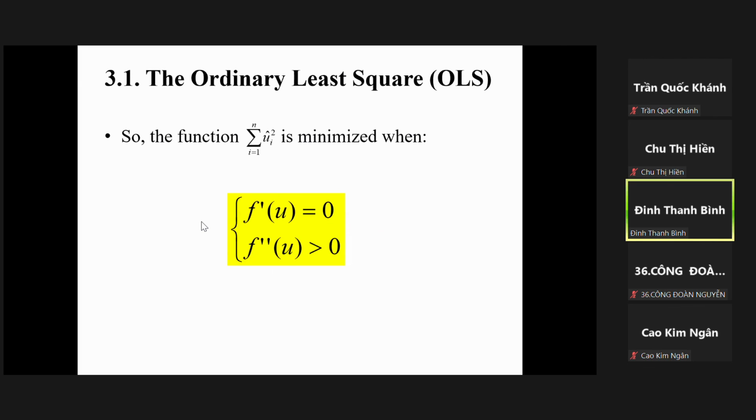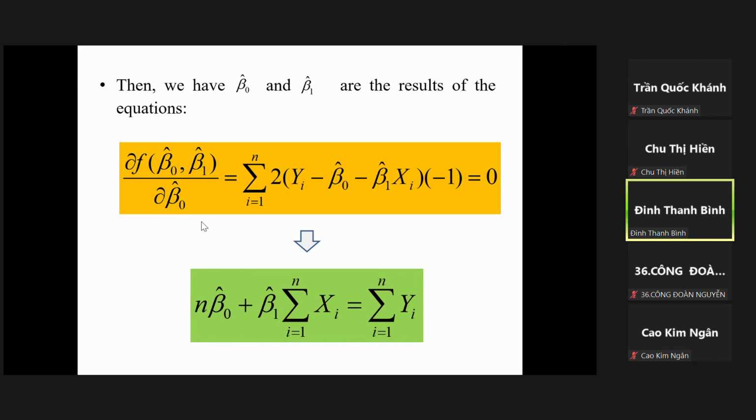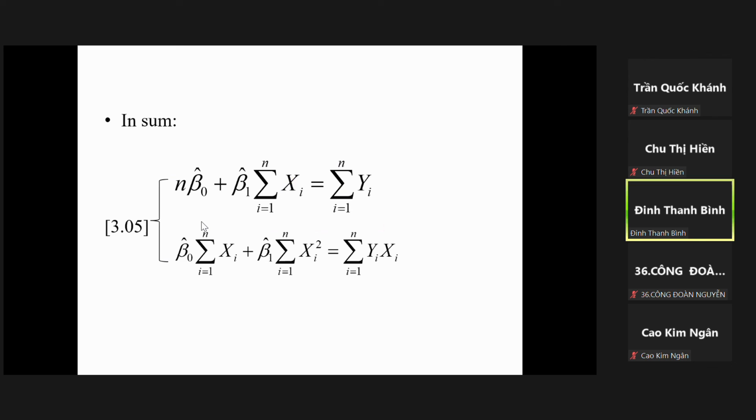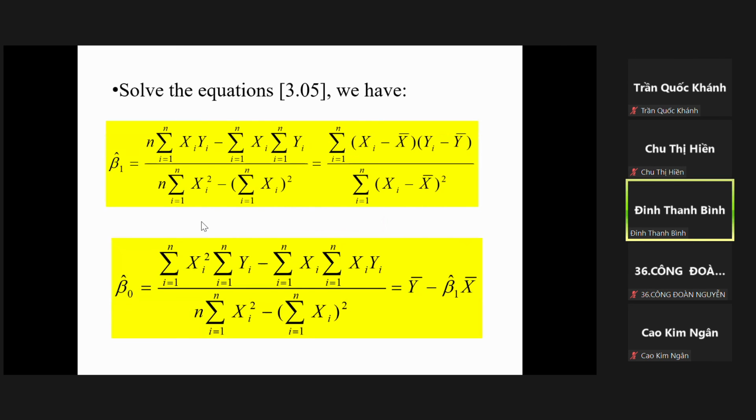After solving the mathematics, he found the formulas to calculate beta 1 hat and beta 0 hat. Use these formulas to calculate beta 0 hat and beta 1 hat. And next time we'll do one exercise applying these formulas.